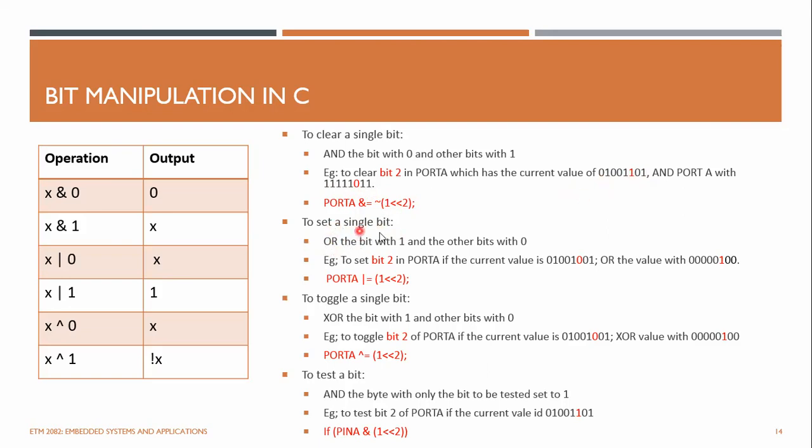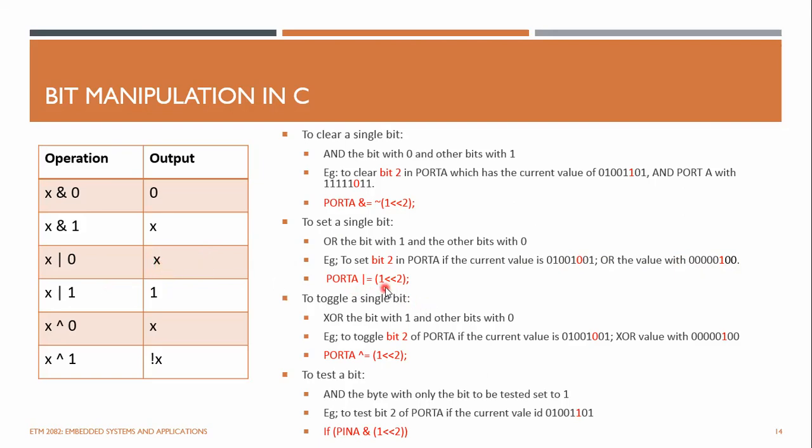And if you want to set a single bit, all you have to do is OR that bit with 1. For example, you have the current value of this, and it is now 0 and you have to set it. So all you need to do is OR this bit with 1 and keep the other bits as 0, because when you OR the other bits, you will end up with the same value.